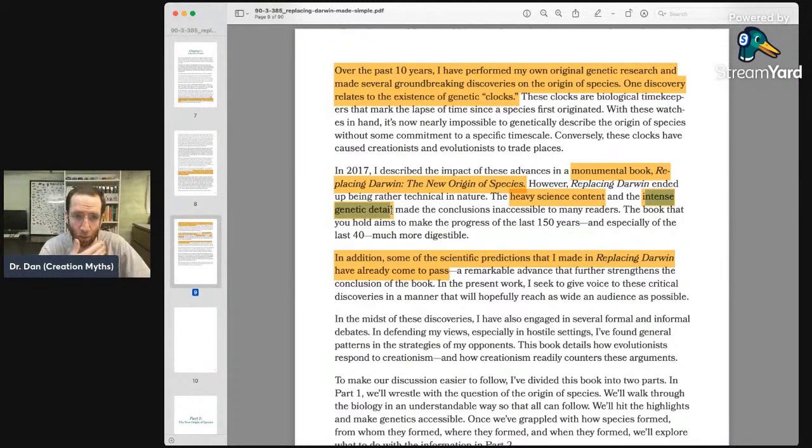My students, if they were to read this book, undergraduates in evolutionary biology, could point out significant conceptual errors in Replacing Darwin. The math he does is overly simplistic, would not fly. In addition, some of the scientific predictions have already come to pass. He hasn't tested any of his predictions, so I don't think that's true either.